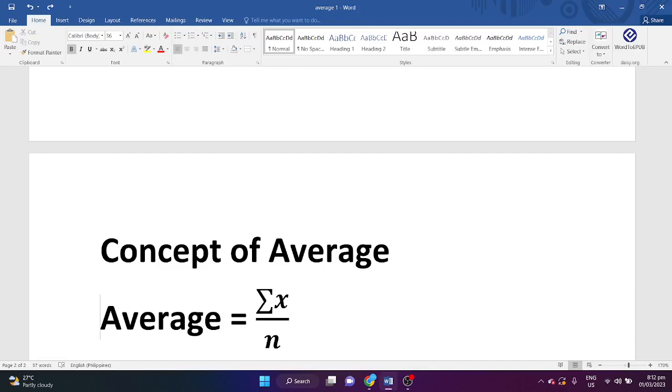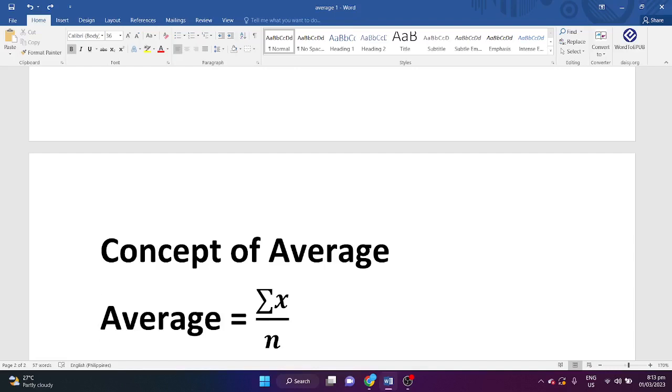In symbols, it is the summation of x, where x denotes the values in the data set, divided by the number of values. That is basically the definition of an average. We need to add all the values in the data set, and then we divide it by the number of values.